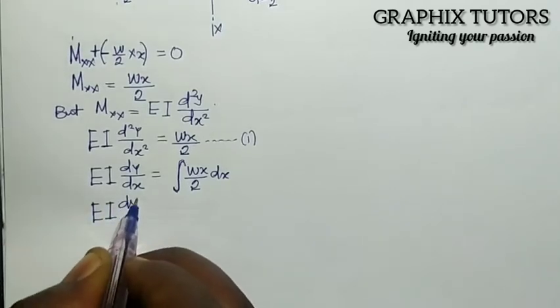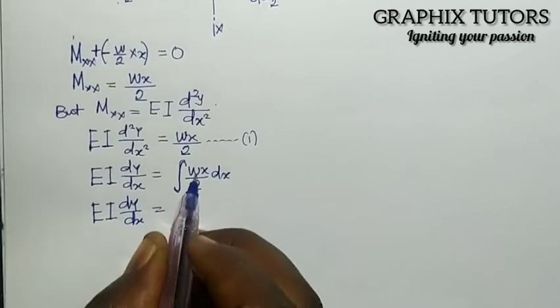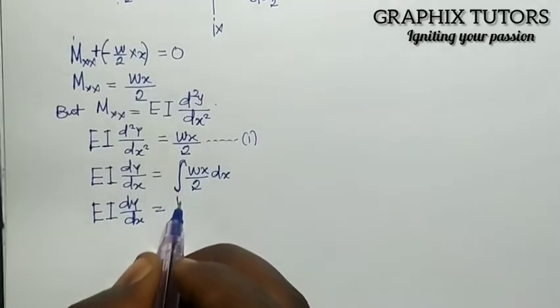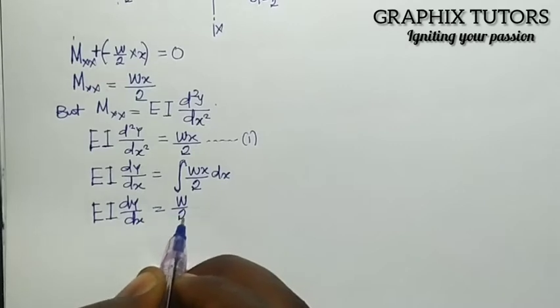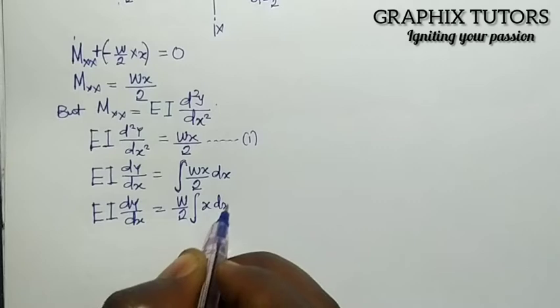If I take my constant out, we have W over 2, left with integral of x dx.